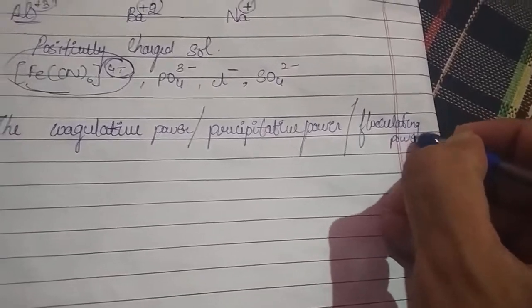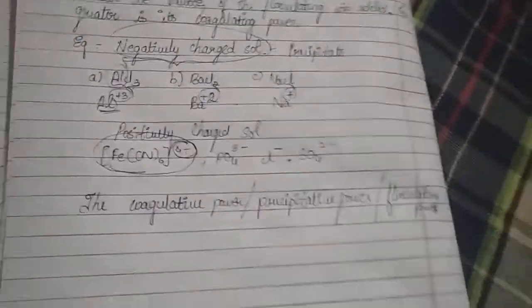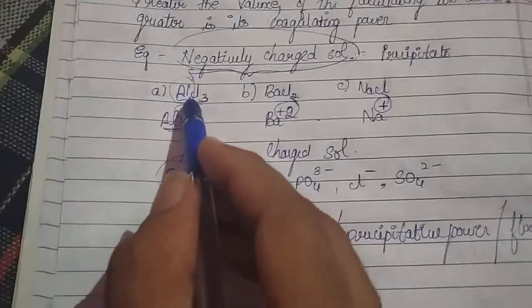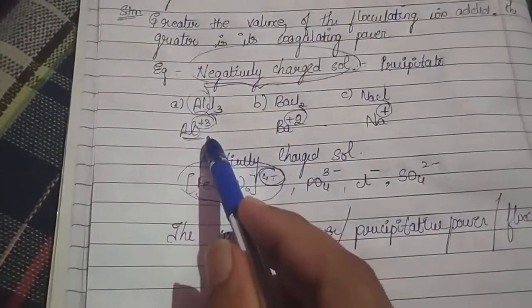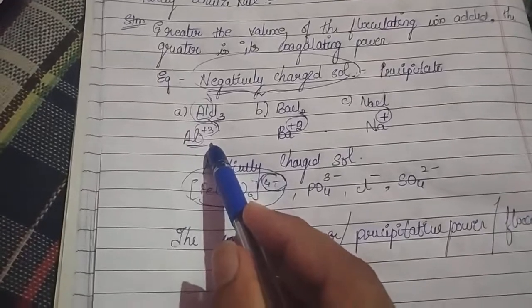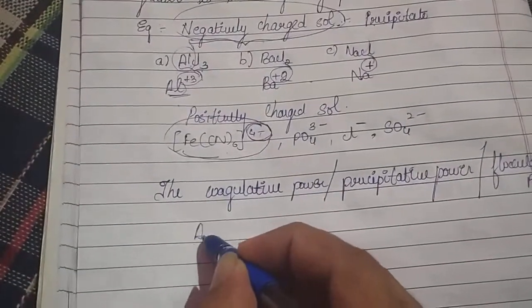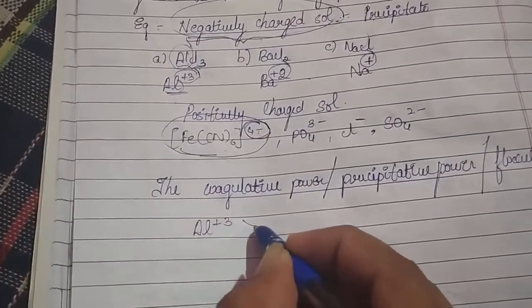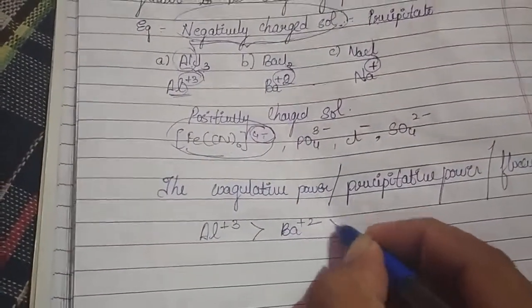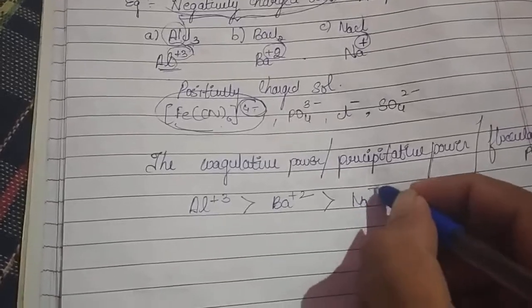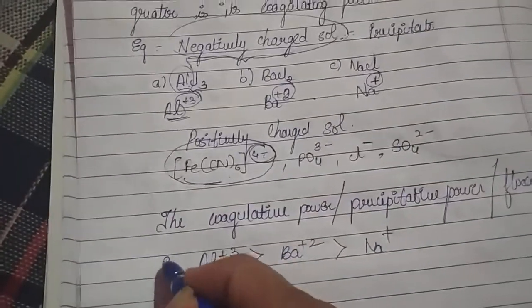All the words are the same; it is to cause precipitation. So in the first case, for the positively charged electrolytes, the one with the highest coagulative power is Al+3, then Ba+2, and then Na+. This was for the first example.